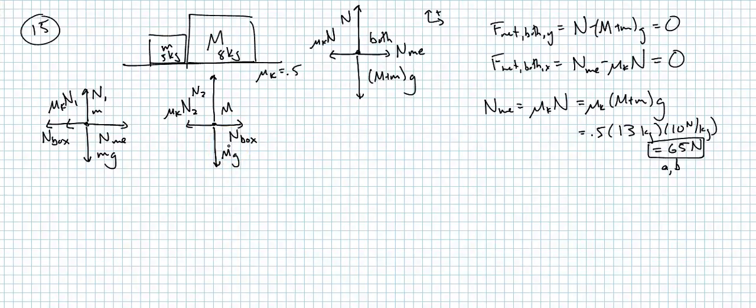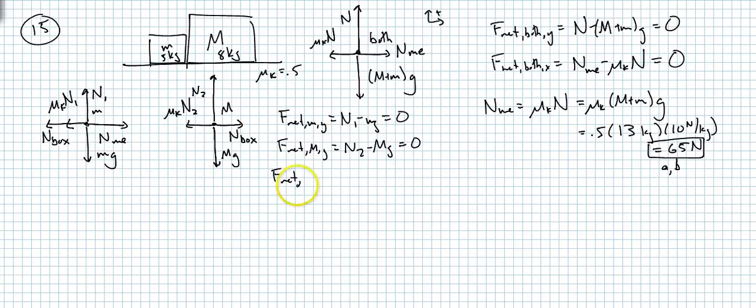Okay, if I look at the F net equations, F net little m in the y, n1 minus mg, is 0. F net big M in the y is the same, except big Mg. In the x is where it's interesting. F net big M in the x is n box minus mu sub k n2, and that's 0.